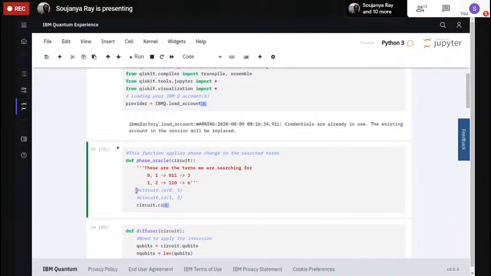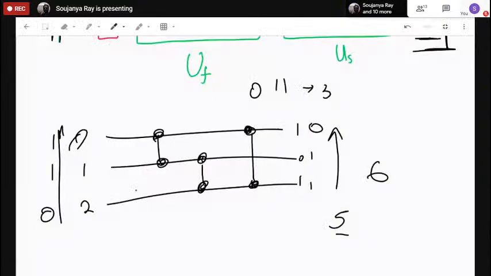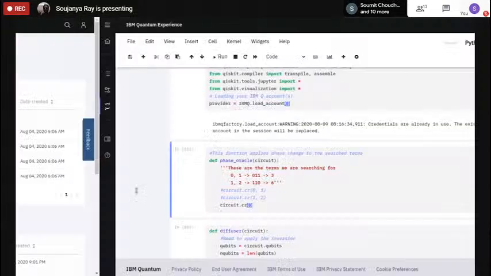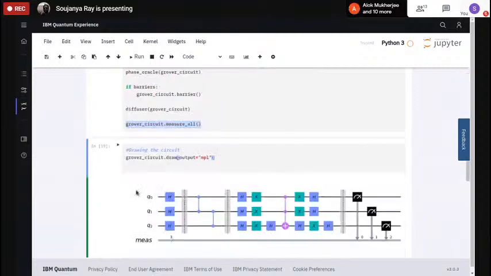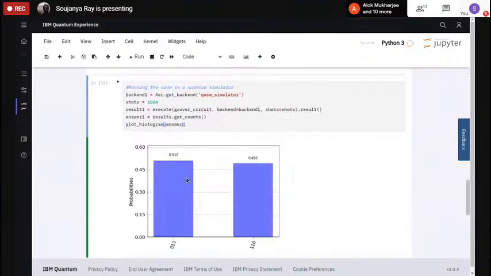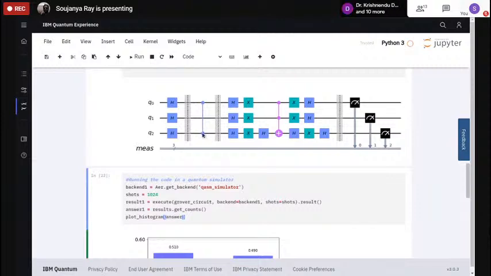Remember, for 5 we need to include the 0th qubit and the 2nd qubit in the CZ gate. So this is what we have to do to search for 5. We execute the remaining part, and we have added the number 5. We have added the CZ gate here and here, and we'll run the simulator again.